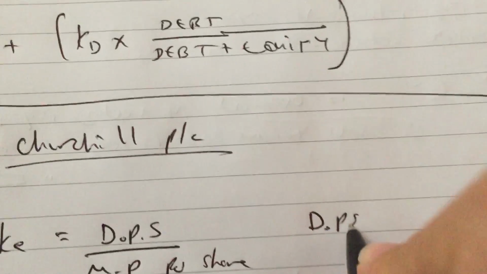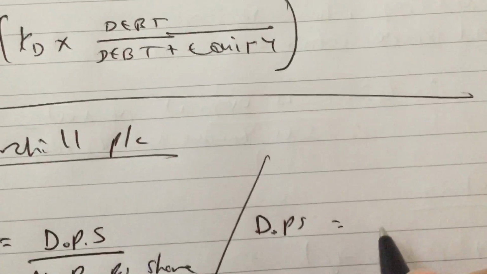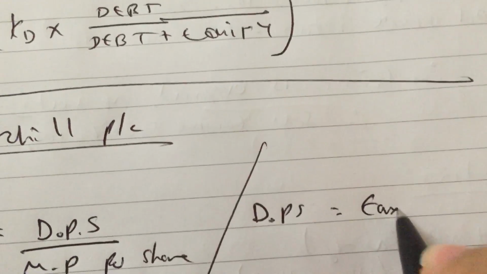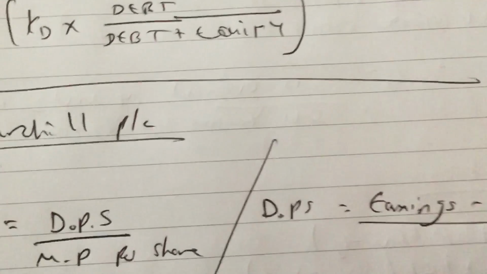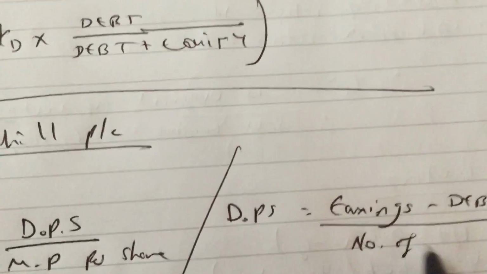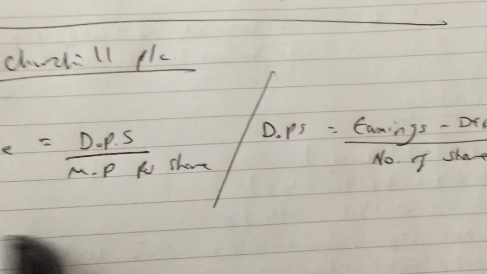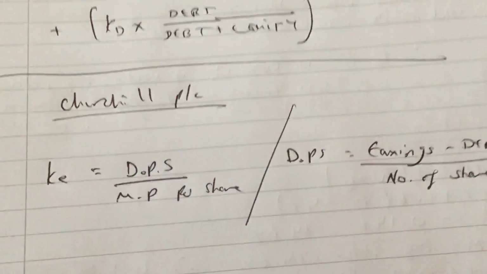Dividends per share equals earnings minus debt, divided by number of shares. For one of the companies we have debt, for the other one we don't. These are the two formulas that we're going to use for cost of equity when we're looking at Churchill PLC.